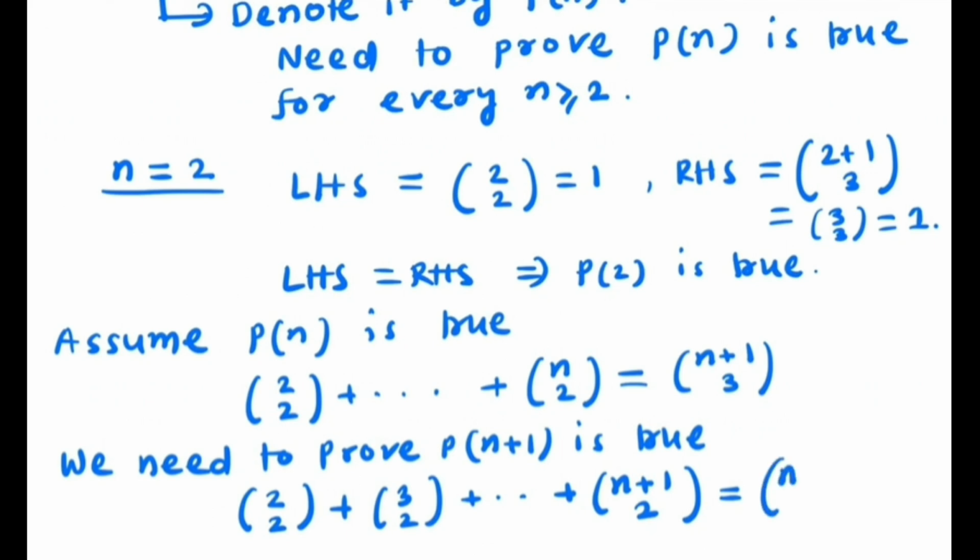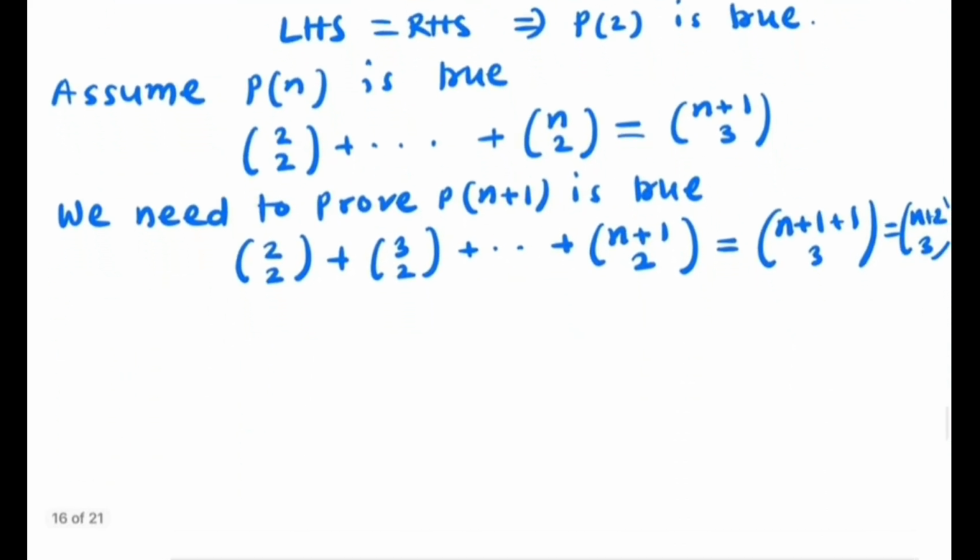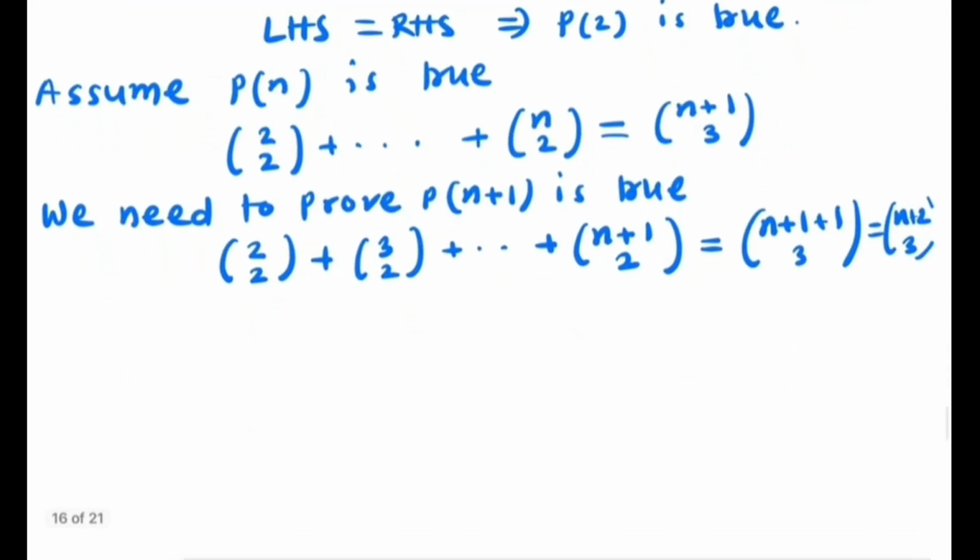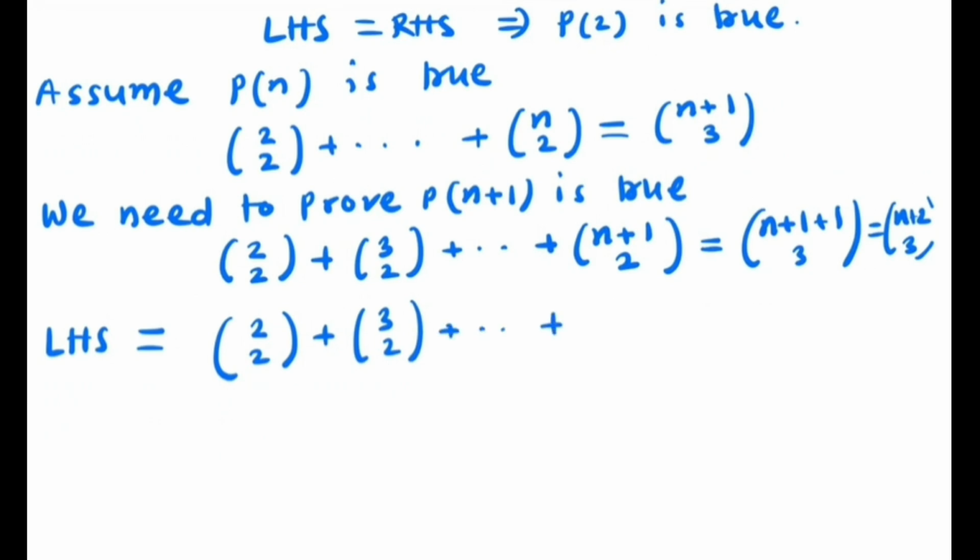So it will be n plus 1 plus 1 choose 3, which is nothing but n plus 2 choose 3. Okay. So let us write the left hand side of P of n plus 1. The left hand side of P of n plus 1 is 2 choose 2 plus 3 choose 2 up to n plus 1 choose 2.